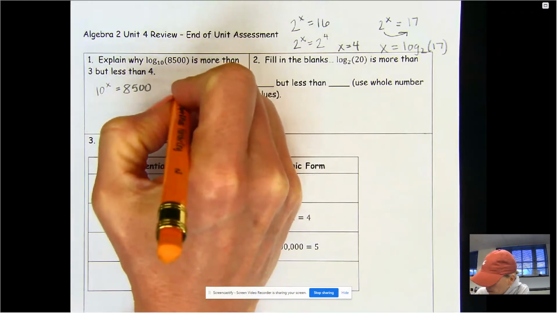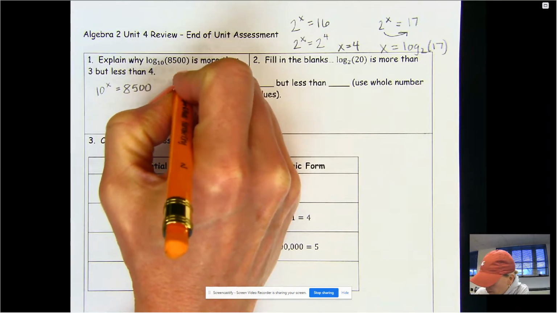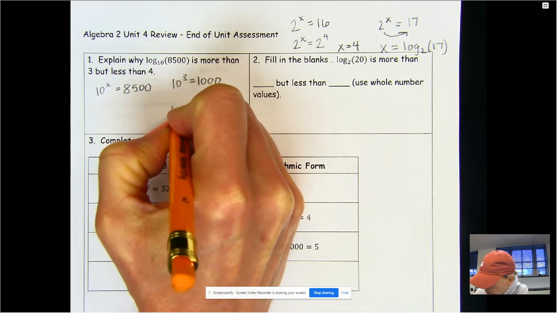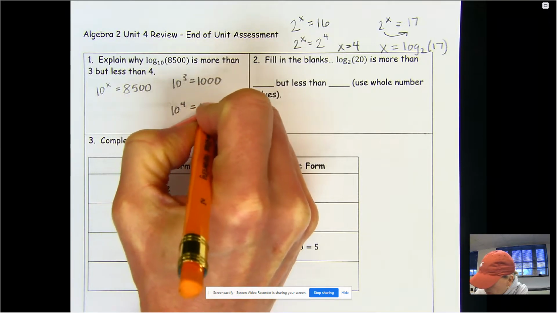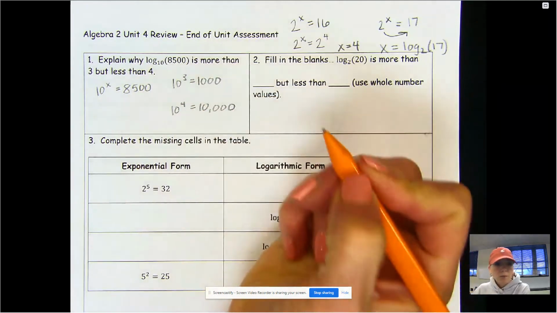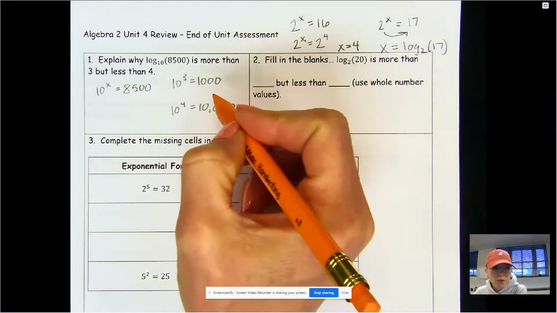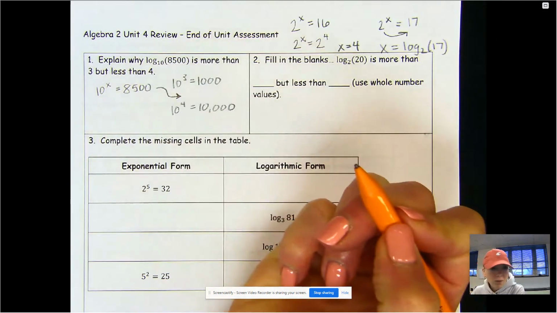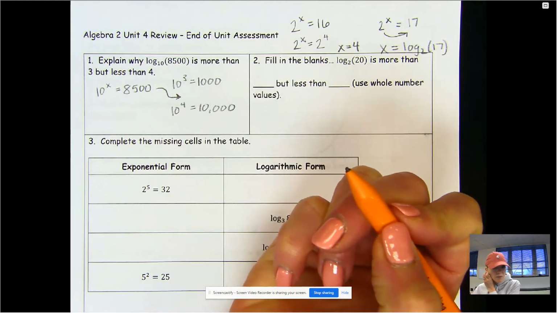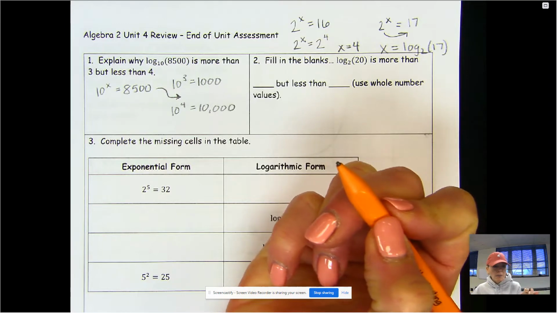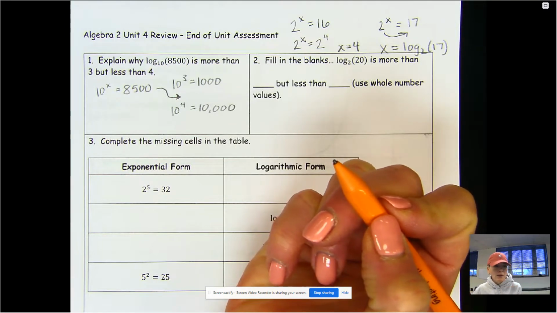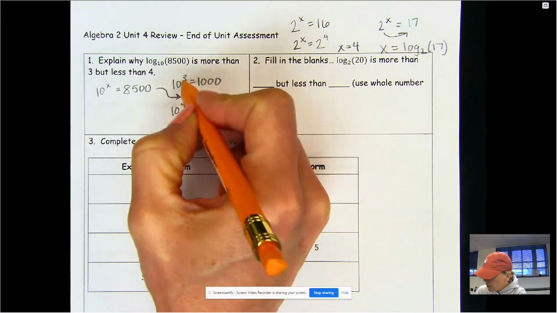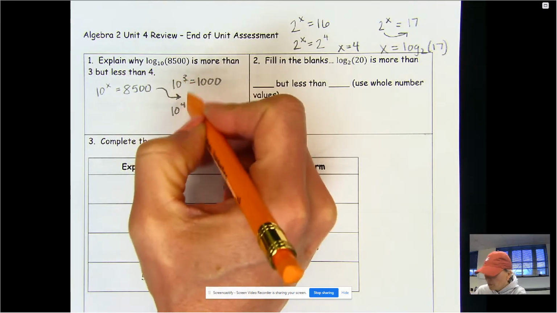I know 10 to the third is equal to 1,000, and 10 to the fourth is equal to 10,000. The reason I chose those two values is that 8,500 is somewhere between 10 to the third and 10 to the fourth. So that means the exponent needed to raise a base of 10 to get 8,500 is a value between these two exponents, more than 3 but less than 4.